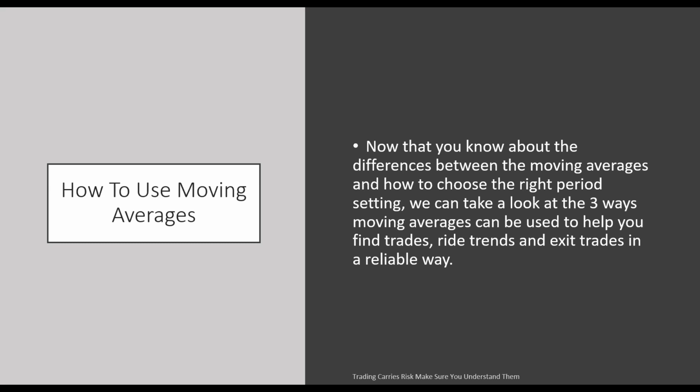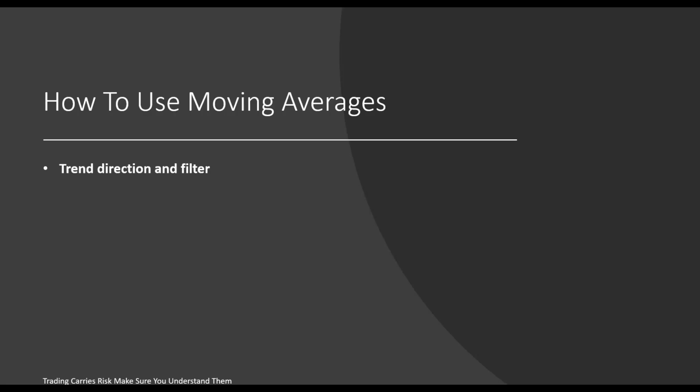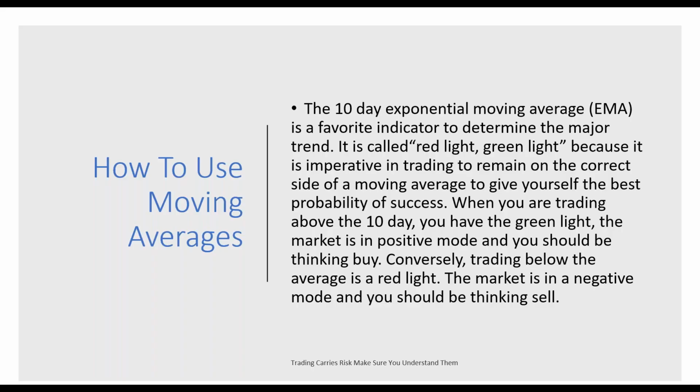But now that you know about the differences between moving averages and how to choose the right period setting, we can take a look at some ways of using moving averages. They will help us see trend direction and filter out what price is doing. So a 10-day EMA is a favorite indicator to determine the major trend.